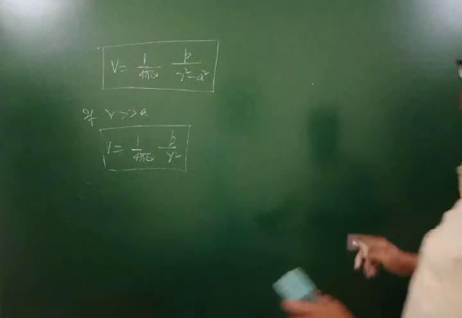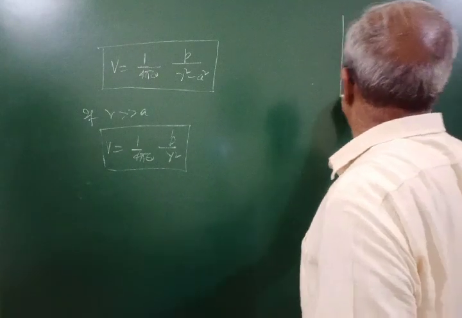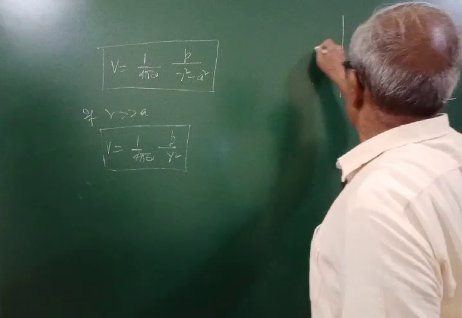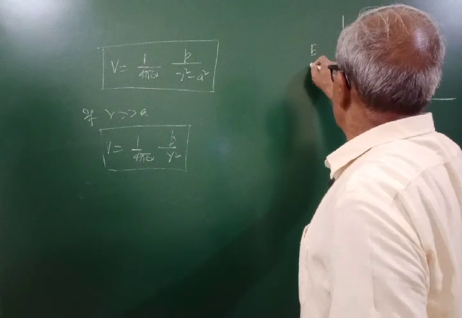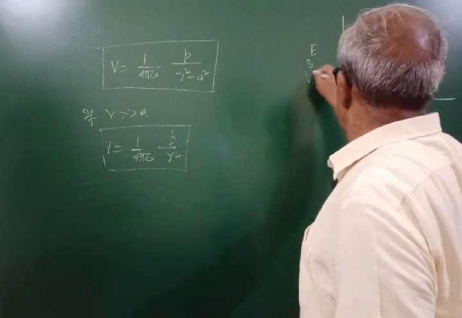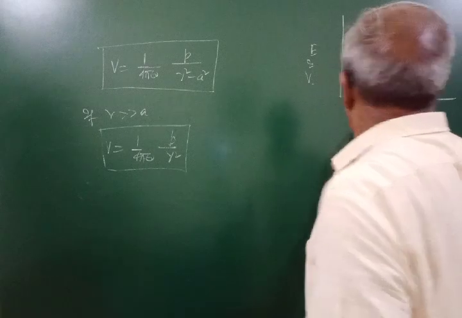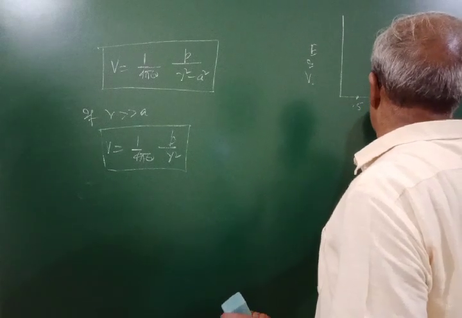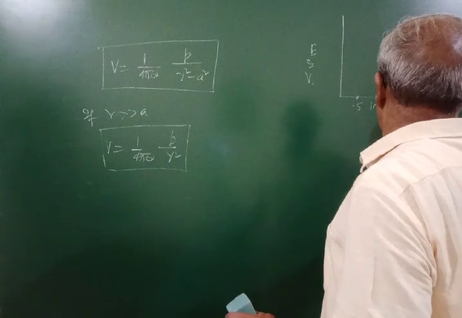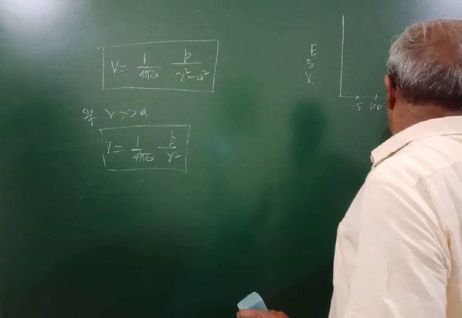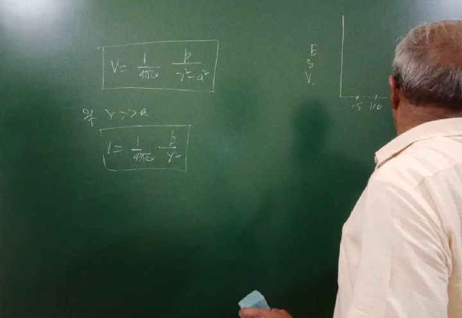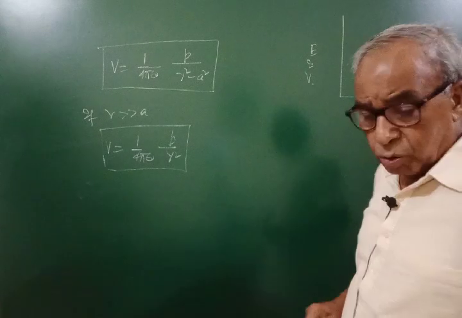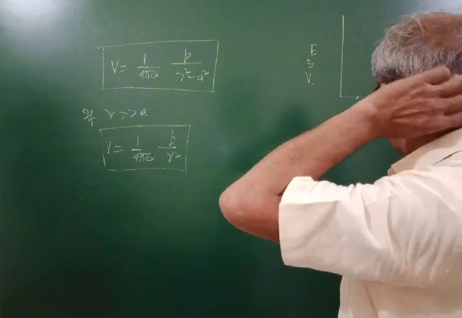Yes, I was telling, if we plot a graph between r, E and V, and we take distances like 0.5 meter, 1.0 meter, 1.5 meter, 2 meter and 2.5 meter, what type of graph do you expect?